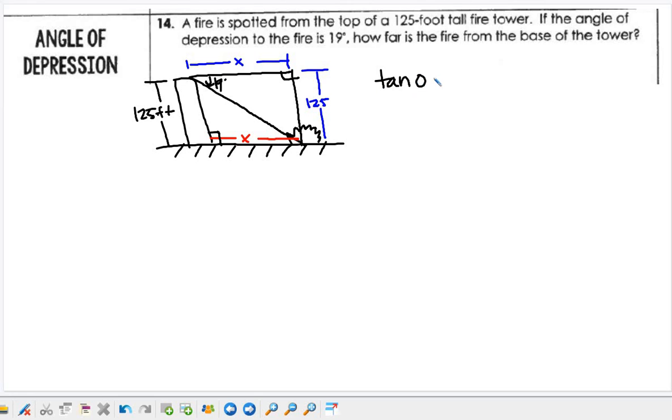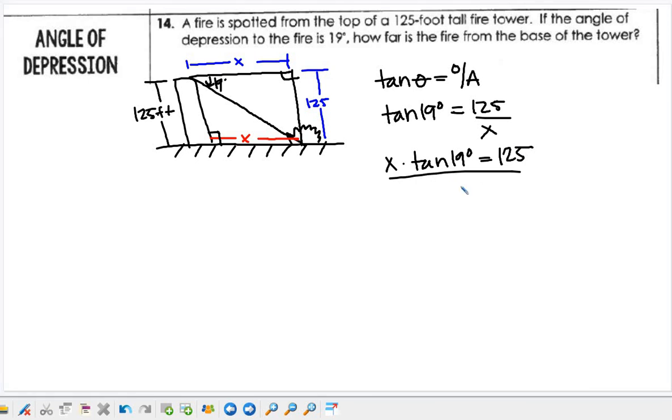So tangent theta is equal to opposite over adjacent. So tangent of 19 degrees is equal to 125 over what I'm looking for. So x times tan of 19 is equal to 125, and I get x is equal to 125 over tan of 19.